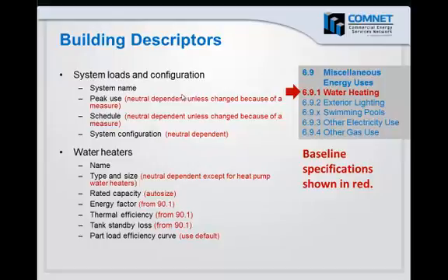The type and size of water heaters is neutral dependent for the baseline building. So if the rated building has electric water heaters, so does the baseline building. If the rated building has a gas or oil water heater, so does the baseline building.